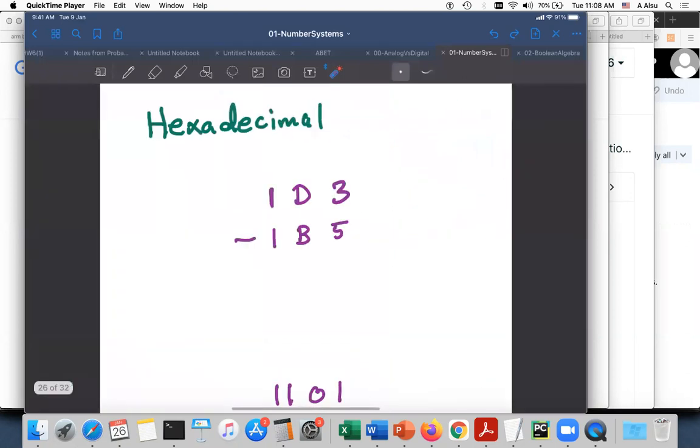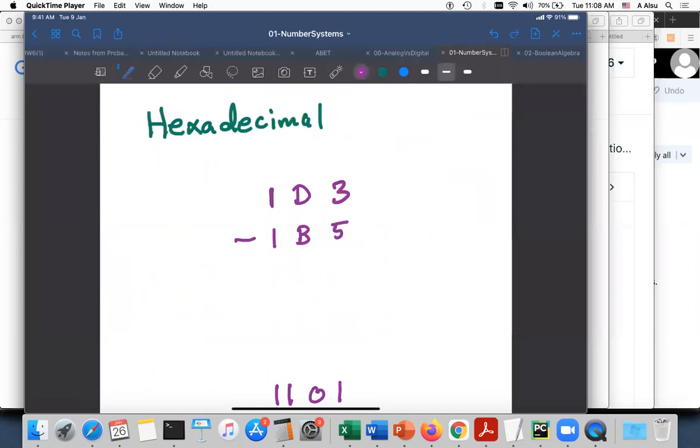Okay. So now we give an example of hexadecimal subtraction, although I suppose that you already know how to do that. So we would like to subtract 1D3 minus 1B5 in hexadecimal. How do we do that?